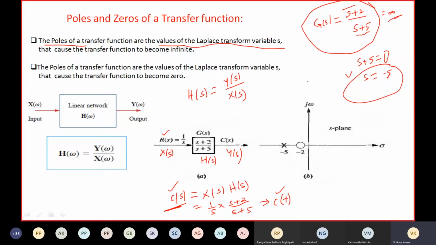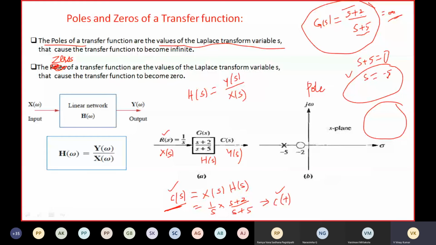Now coming to zeros of a transfer function. The zeros of a transfer function are the values of the Laplace transform variable s that cause the transfer function to become 0.